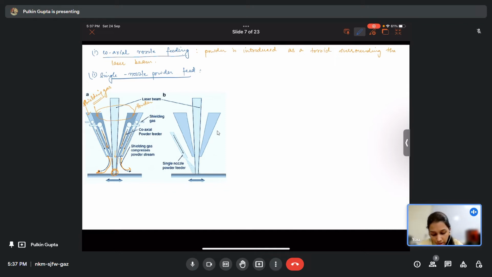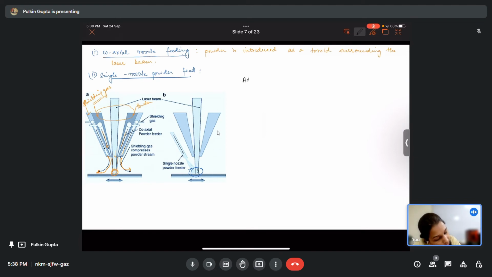They both work independently of each other, but such that they interact at the point of the substrate. Whenever they reach the substrate, they interact with each other. So what are the benefits of a coaxial feeding system or a single nozzle feeding system? Let us see that one by one.